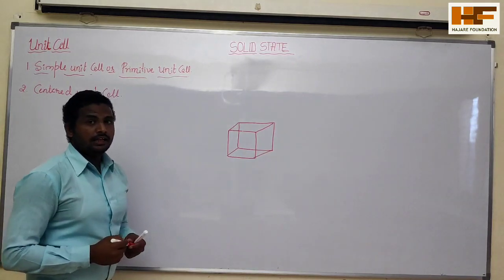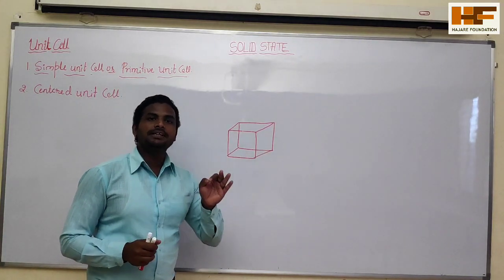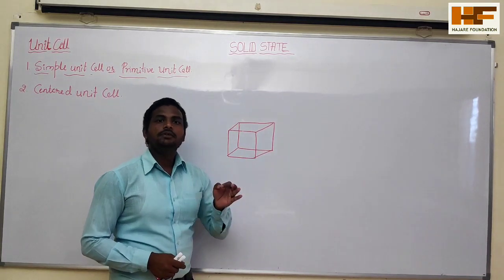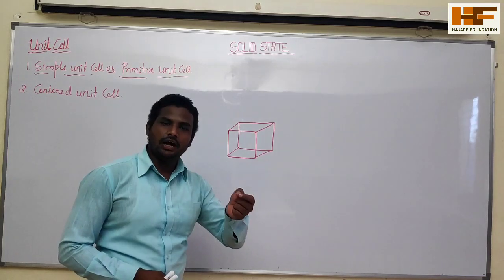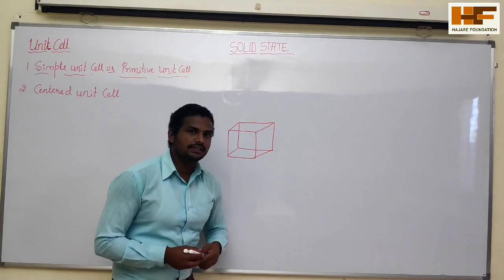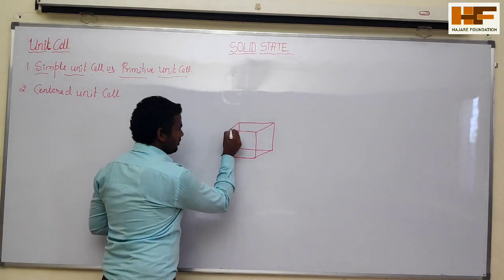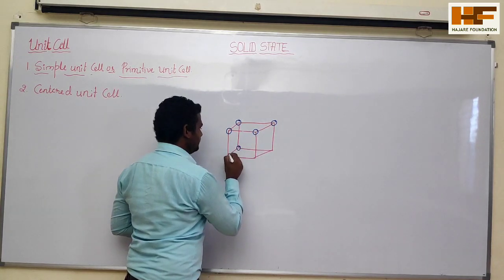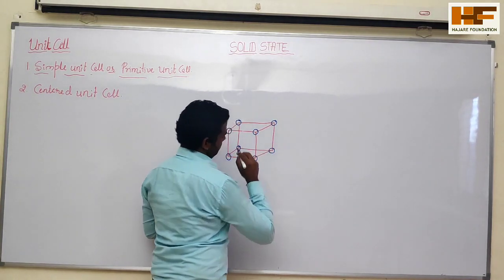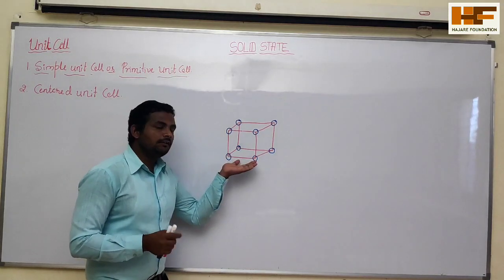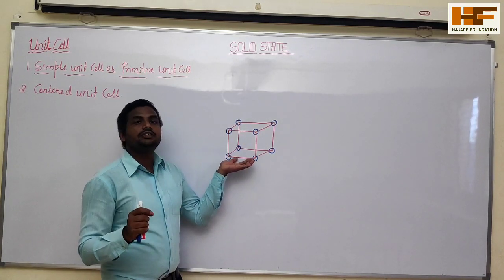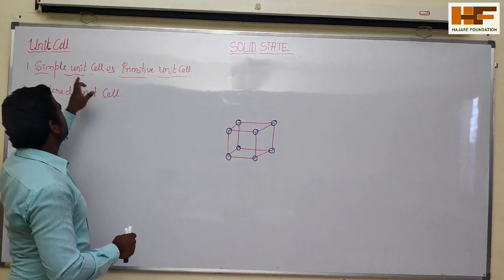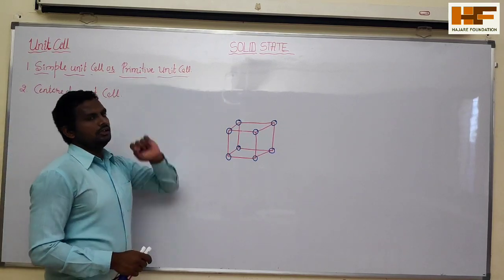If the lattice point is present only at the corners of this unit cell, corner means these: 1, 2, 3, 4, 5, 6, 7, 8. So these are the corners. If the lattice point is situated only at the corners of the unit cell, this type of unit cell we call a simple unit cell or primitive unit cell.